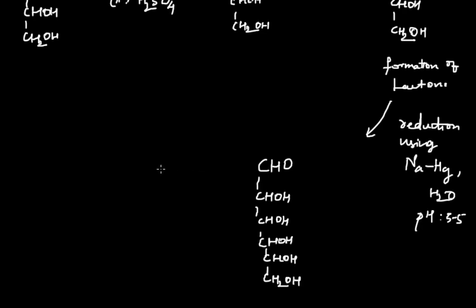Now what you started with was an aldopentose, and you end up getting an aldohexose. So that was about stepping up the series, the Kiliani-Fischer synthesis, lengthening the carbon chain by 1. Thank you.